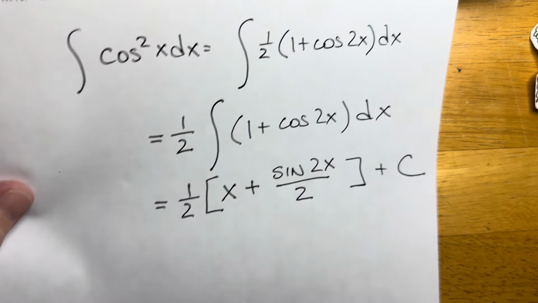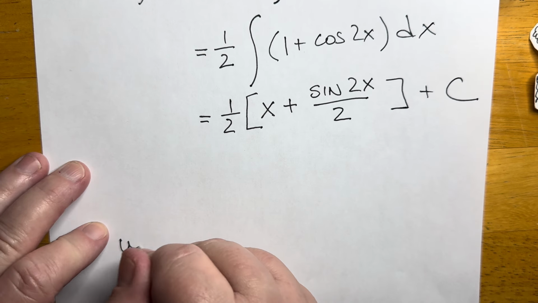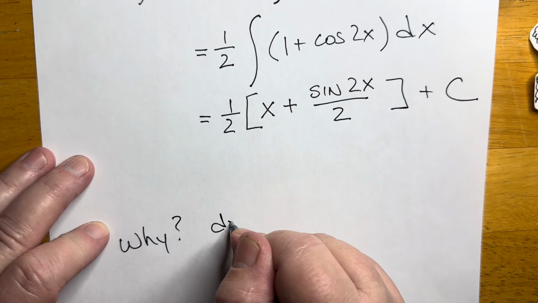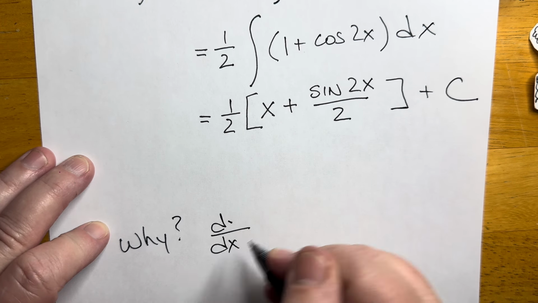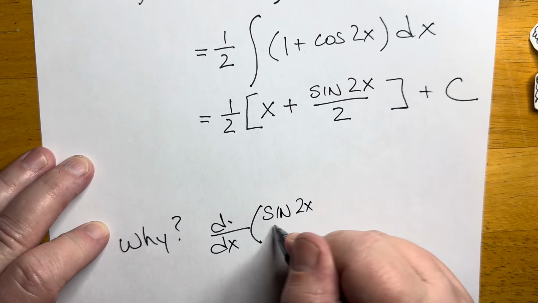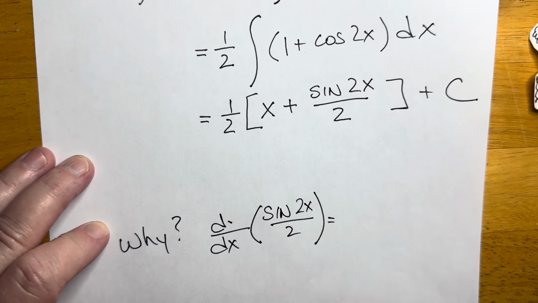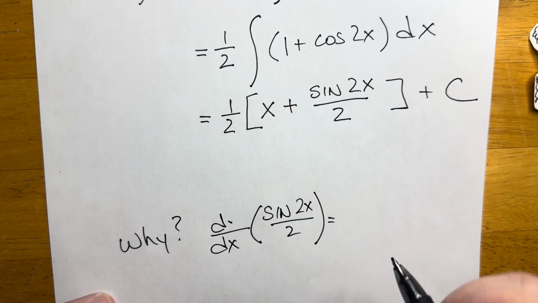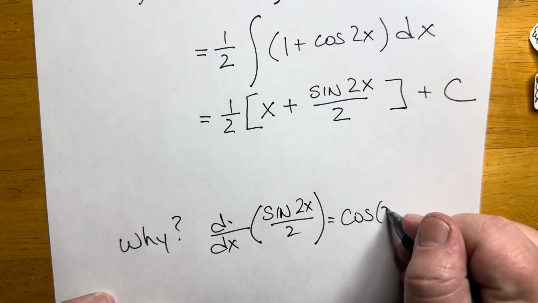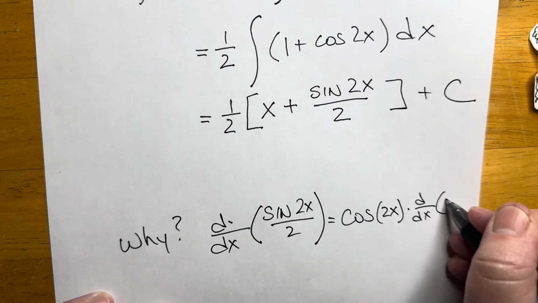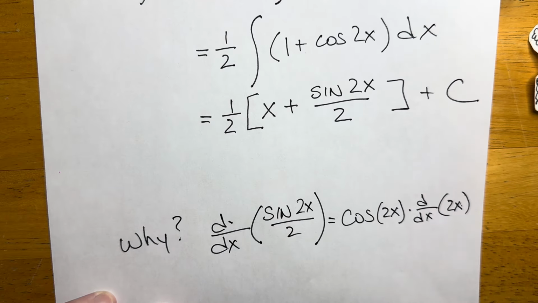So I'm going to come down here. I'm going to say y. What is the derivative d dx of sine of 2x over 2, right? Now we have to use the chain rule. So we do the outside, it's going to be cosine of 2x times the derivative of 2x, right?